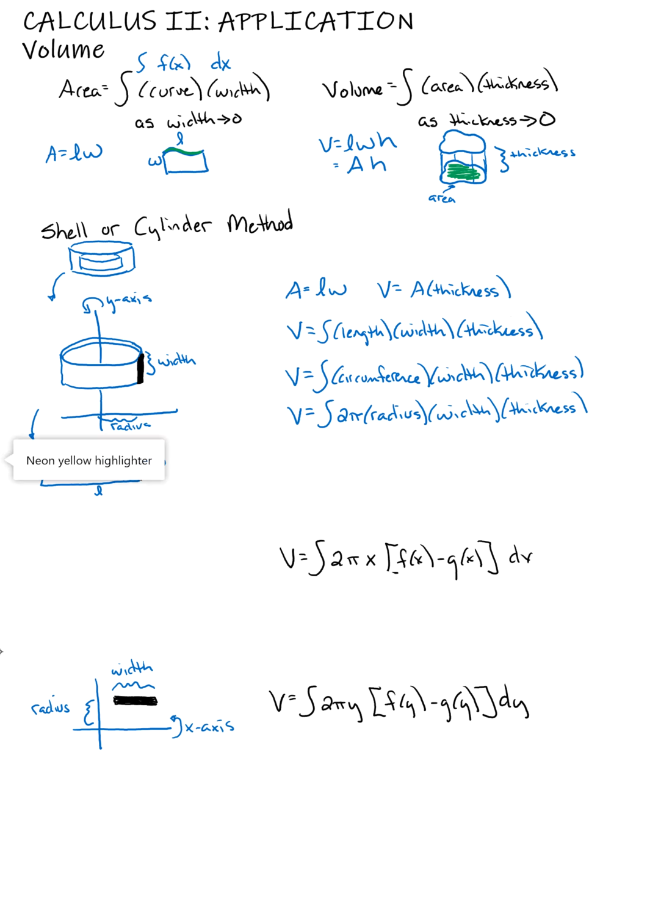I do want to point out we can also look at this situation where we're revolving about the x-axis, in which case we change our variable and we're looking at using y's. We integrate with respect to y in that case. Now, I know this is kind of complicated, so I have kind of a checklist I like to go through for this.